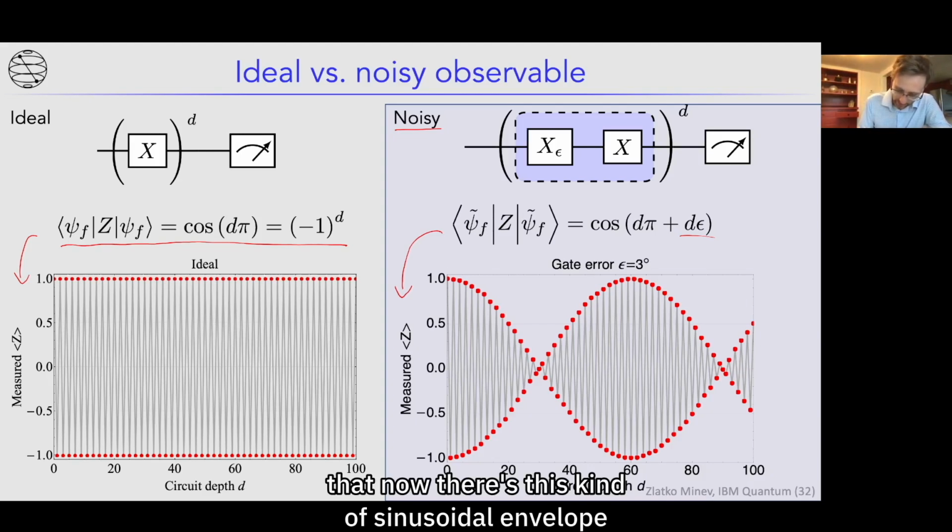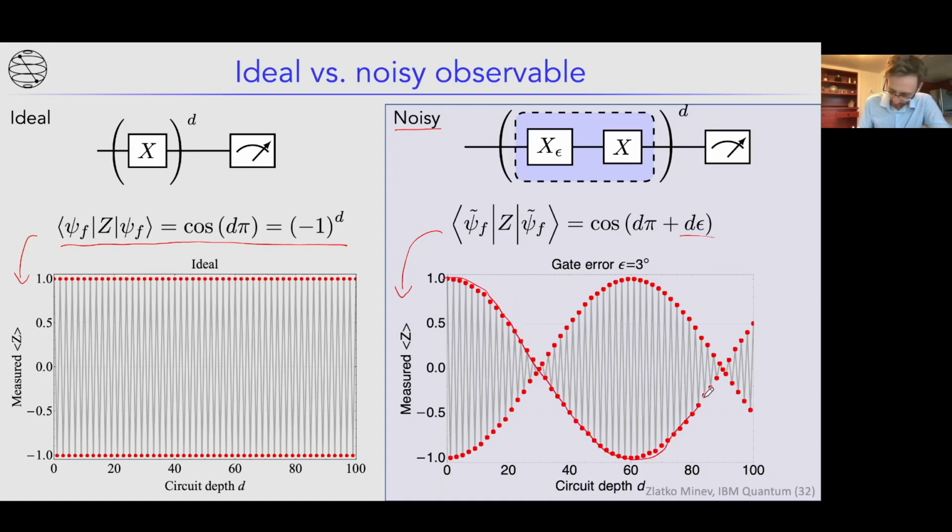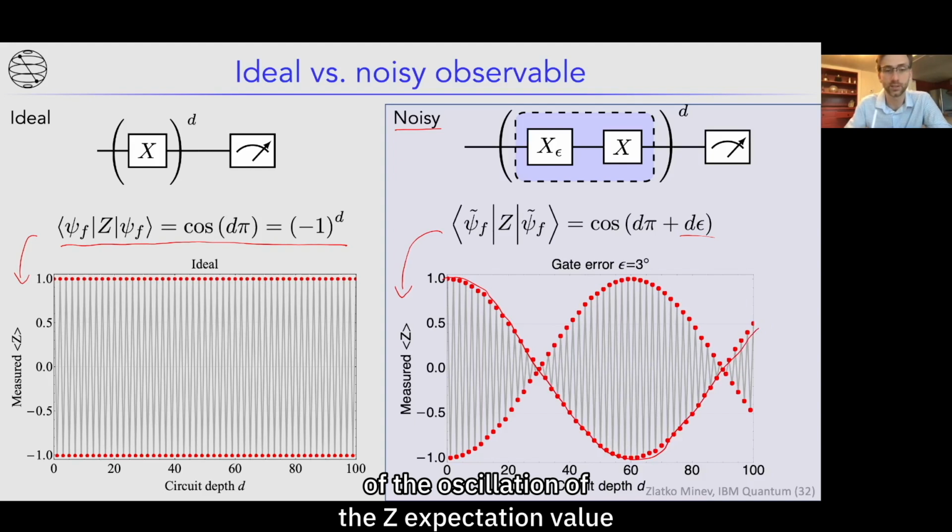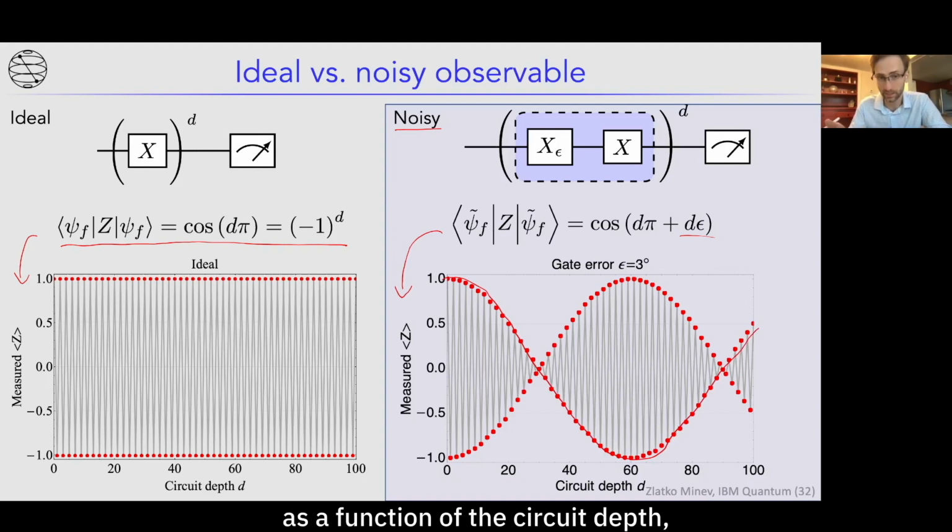But you can notice that now there's this kind of sinusoidal envelope of the oscillation of the z expectation value as a function of the circuit depth.